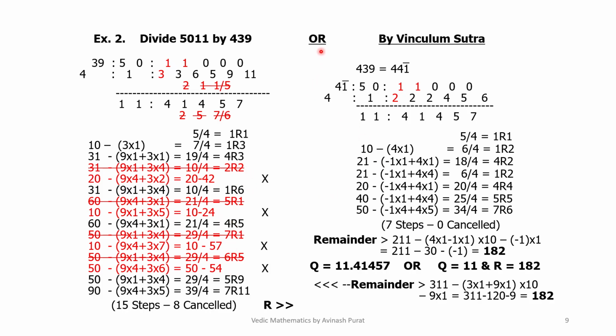Now the same example we go by using Vinculum Sutra. Now 439 becomes 4 4 bar 1. So 4 first divisor taken down, 4 bar 1 is written diagonally opposite on upper line of 4.